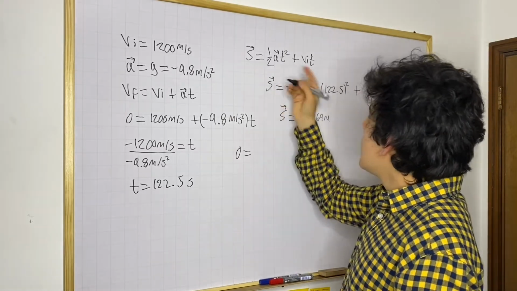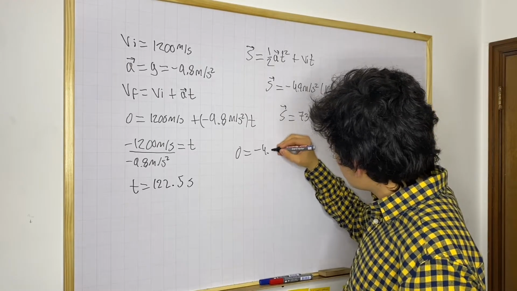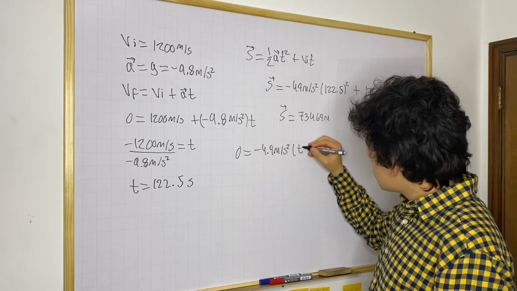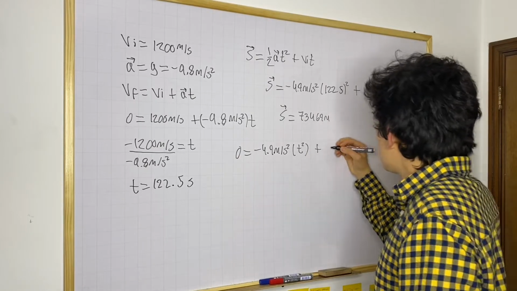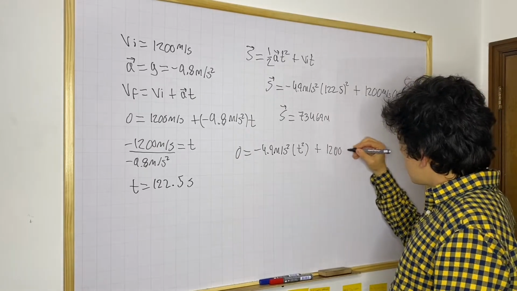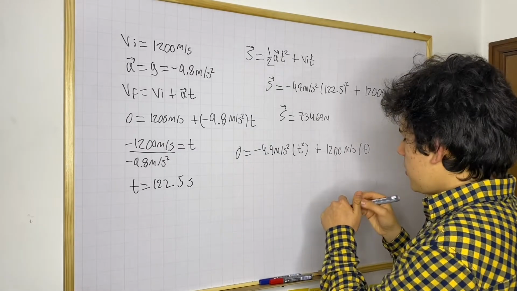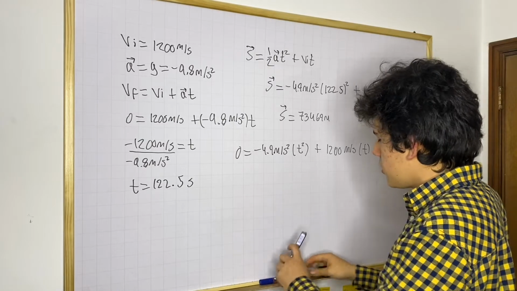So we're going to have the acceleration half, we know how much that is, times time squared, plus 1200 meters per second times time. Now, how much is time in this equation? This is just a quadratic equation.